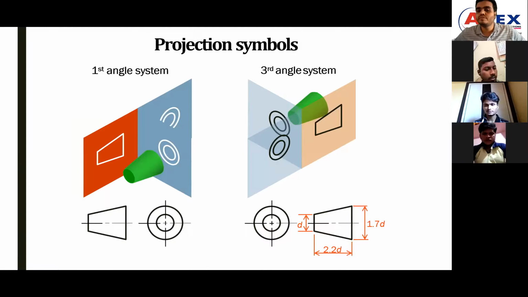The side view and top view will be interchanged, right? From here, this is visible, so this is the left side view.